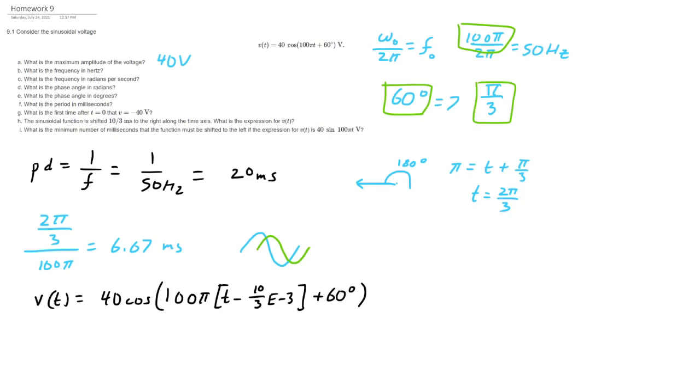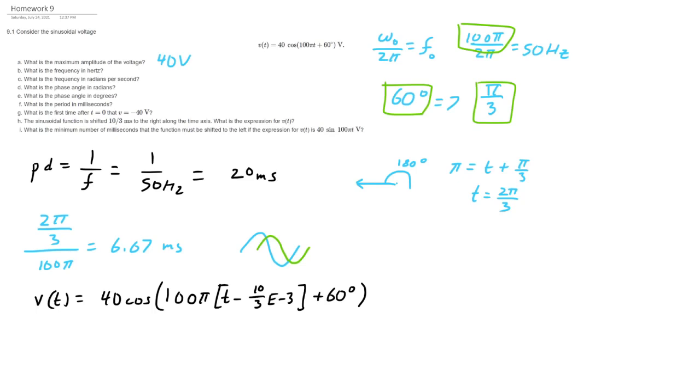So the minimum number of milliseconds after that the function is shifted to the left. Oh yeah, okay, I almost misread it. So now we've got to find out the minimum number of seconds that shifting it to the left will make our function basically sine.